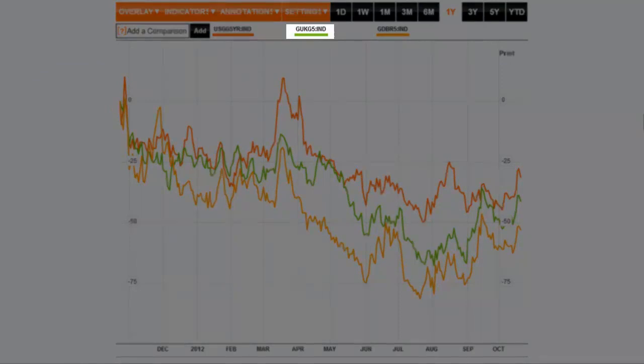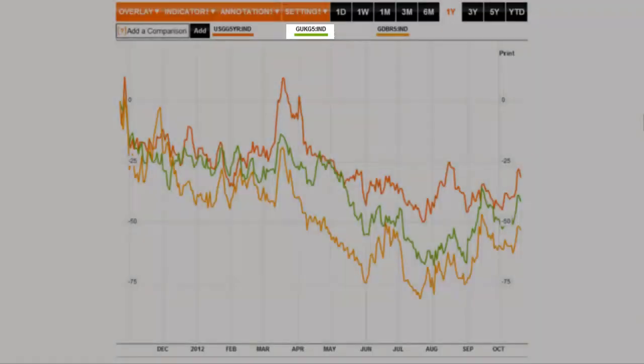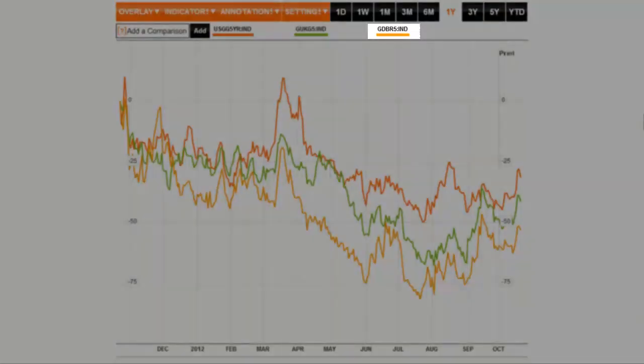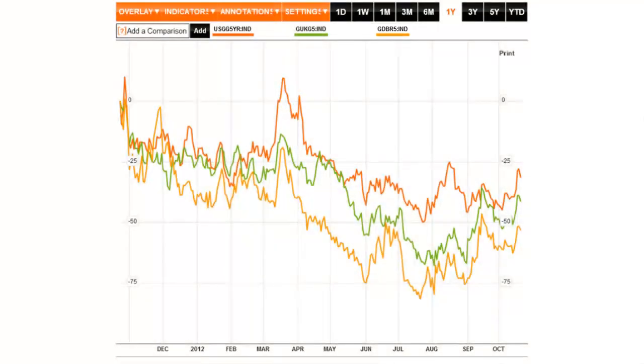For a UK 5-year bond yield, it's GUKG5:IND. And for a German 5-year bond yield, it's GDBR5:IND.